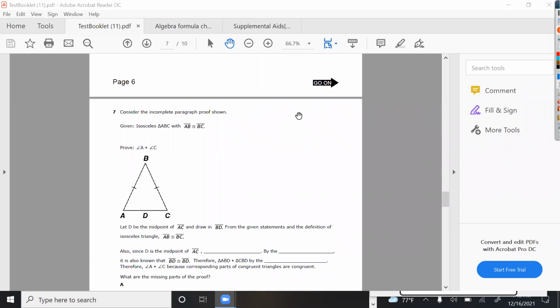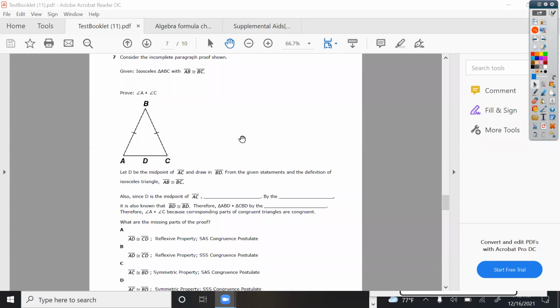Okay, consider the incomplete paragraph proof as shown. Isosceles triangle ABC with AB congruent to BC. Let D be the midpoint of AC and draw BD.